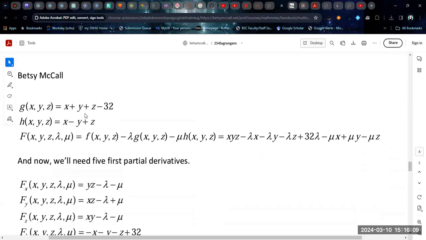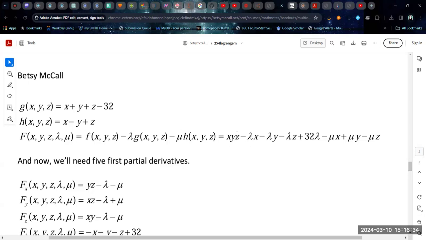So we move everything over to one side, we get our g function, we move all of these terms over to one side, set it equal to 0, we get our h function, and then our capital F function that we're now trying to optimize is that regular maximization or minimization problem minus lambda g minus mu h.